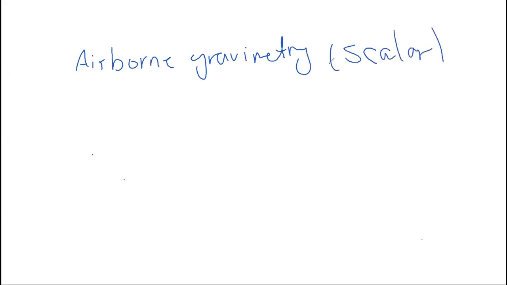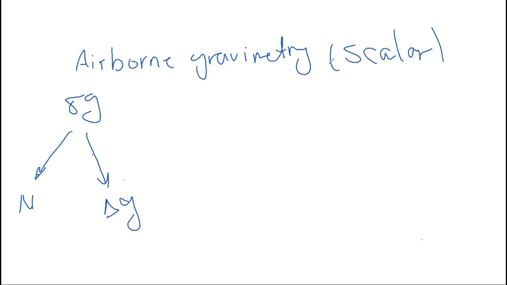So in scalar airborne gravimetry, we measure gravity disturbance, and we can determine the geoid or gravity anomaly. But how? First, we need to determine the mathematical relation between these quantities.